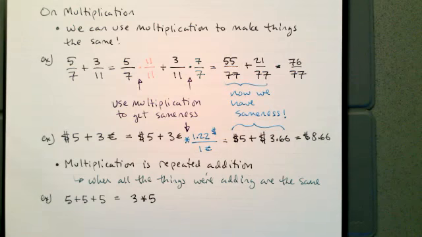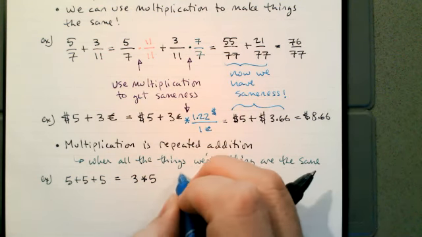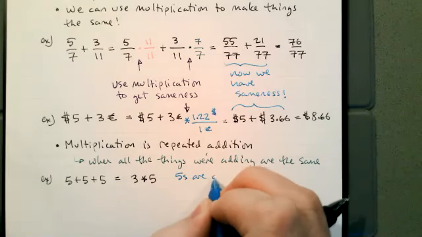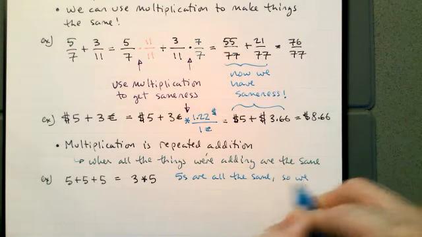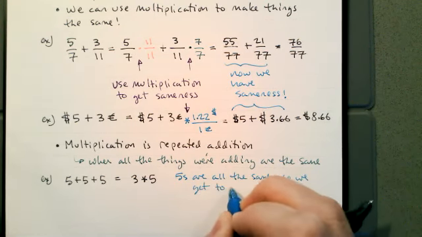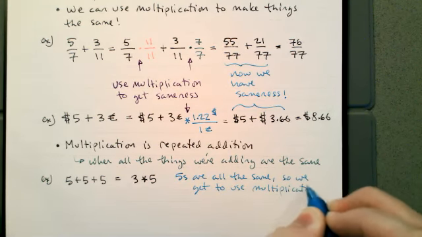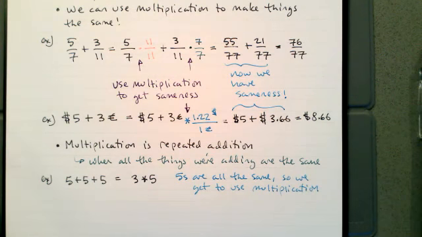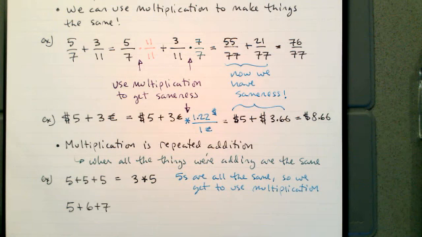If I'm adding things that aren't the same, I don't get to use multiplication. The 5s are all the same, so we get to use multiplication. But if I have, say, 5 plus 6 plus 7, we don't get to use multiplication because the 5, 6, and 7 are not all the same.